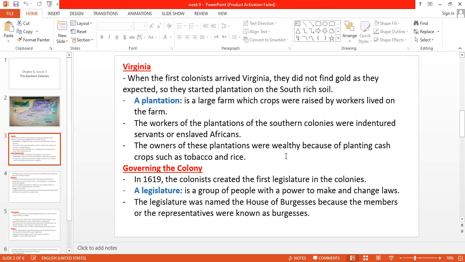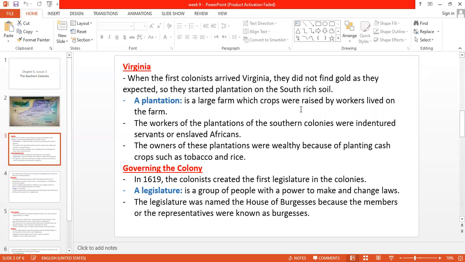Okay, why? Because they were also planting special kinds of crops, which are tobacco, rice, and also cotton. But the most famous crop at that time was tobacco. Tobacco was a cash crop, meaning a very expensive crop.